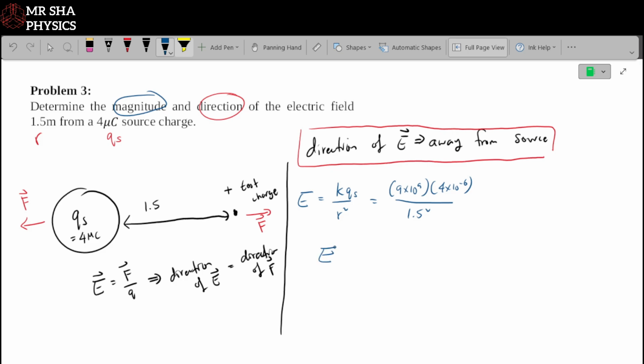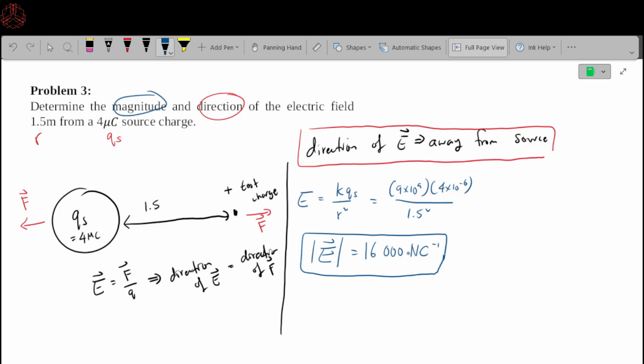Then the magnitude of the electric field, 1.5 meters from the 4 microcoulomb charge, is going to be 16,000 Newton per coulomb.